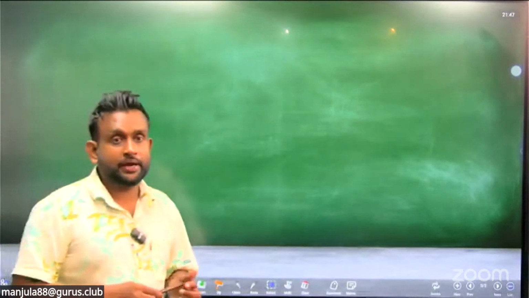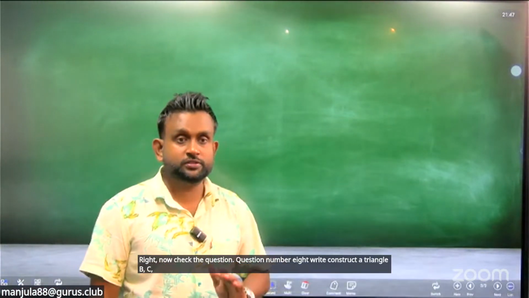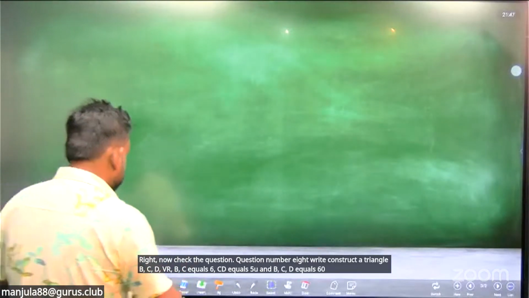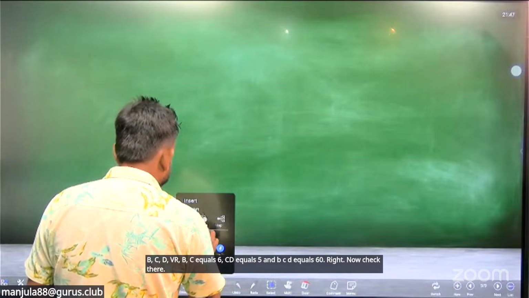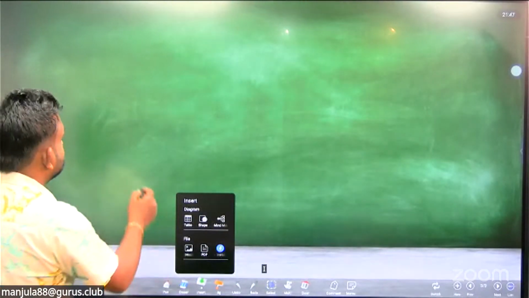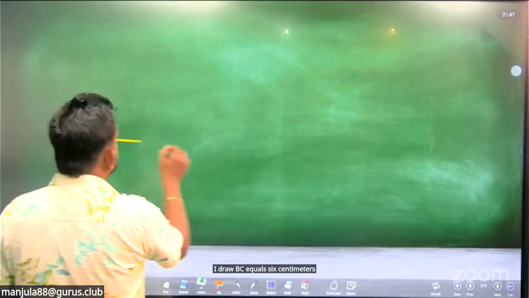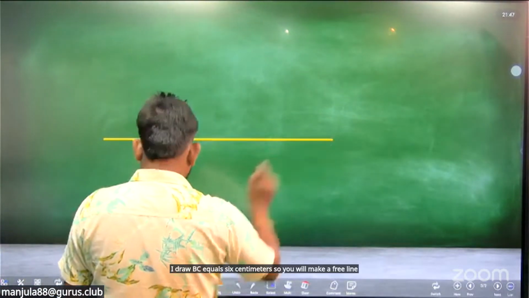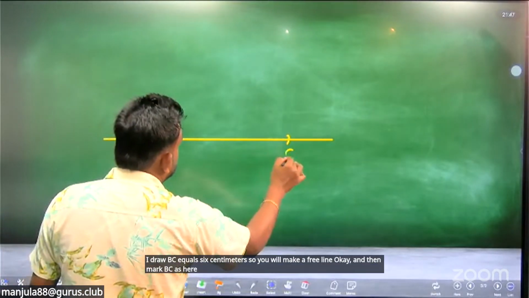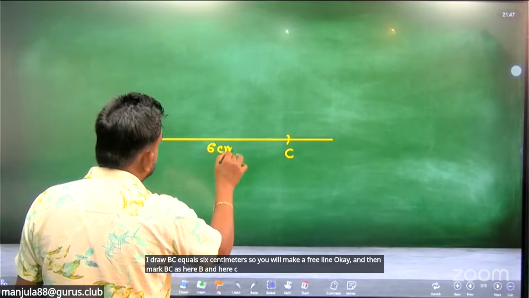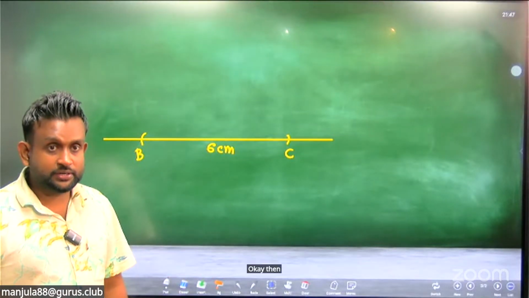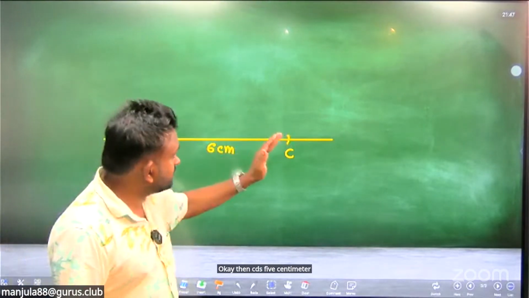Construct a triangle BCD where BC equals 6, CD equals 5, and angle BCD equals 60 degrees. Now I draw BC equals 6 centimeters. So you make a free line and then mark B and C with BC as 6 centimeters. Then CD as 5 centimeters.